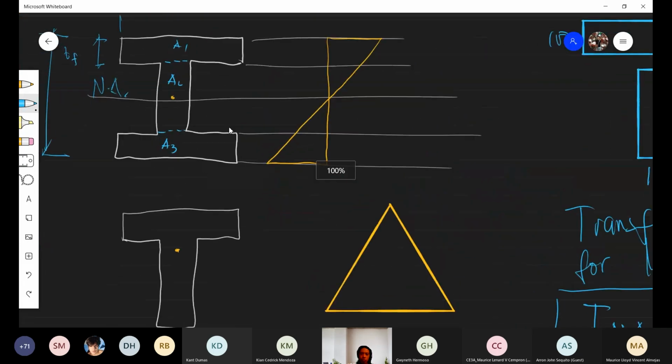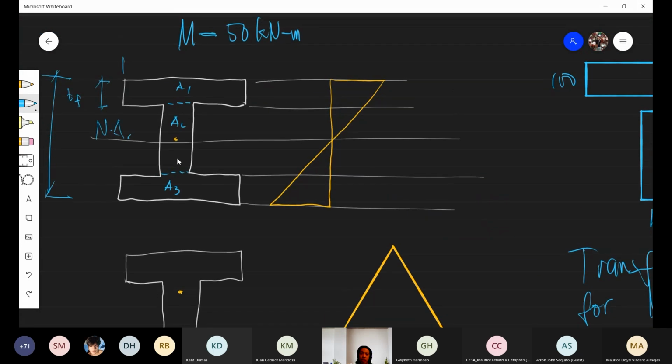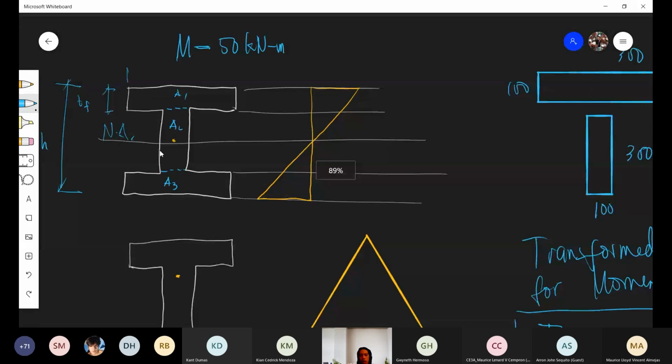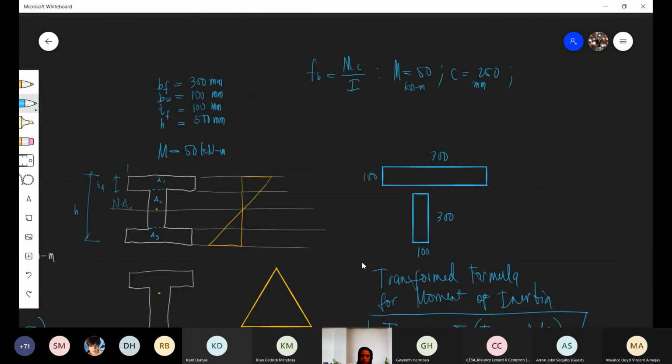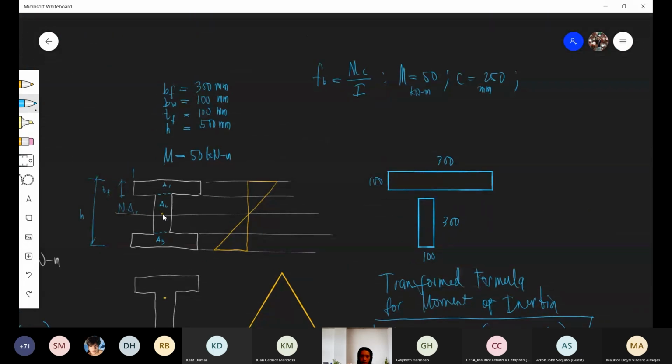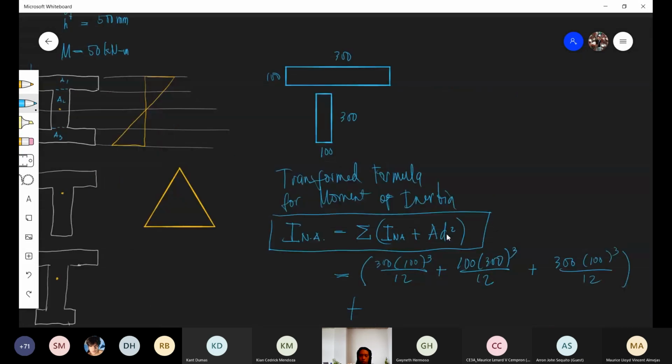Okay, since these are symmetric, ini nga figure kasi, ang beam is symmetric on both axes, both the x and y axis, di ba? So, symmetric man niya, madali lang pagbilihan centroid. Ada net centroid, ada neutral axis. So, ini nga A, that's the area of each shape, regular shape, A1, A2, A3. Tapos i-multiply nimo itong D squared.